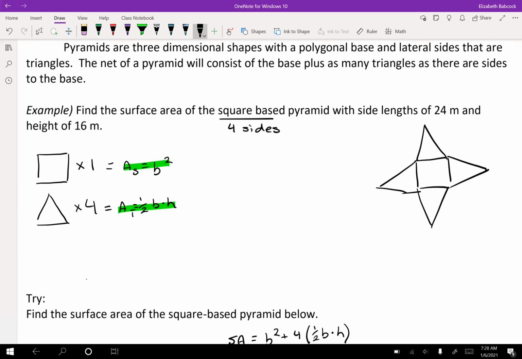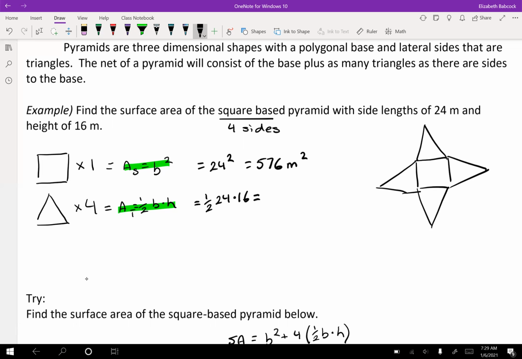Okay, so if we look at this, we have a base with side lengths of 24. So this is 24 squared. Plus 1/2 times 24 times, and our height was 16. Okay, so that's not too bad. If we square 24, we put it to the power of 2 or times it by itself. Remember, squaring is not multiplying by 2. We end up with 576 meters squared.